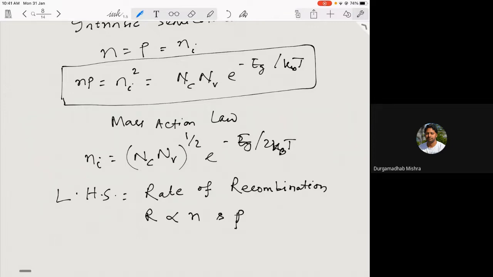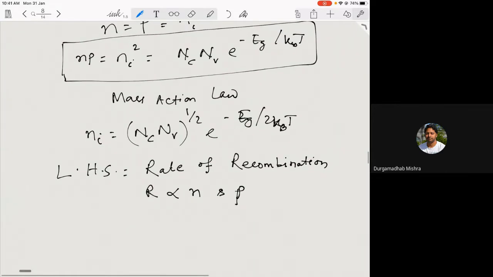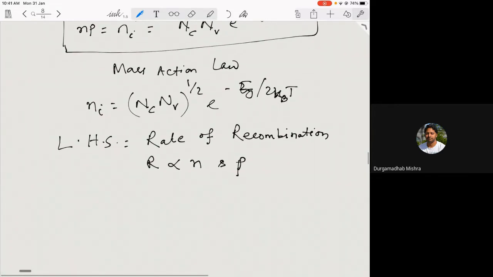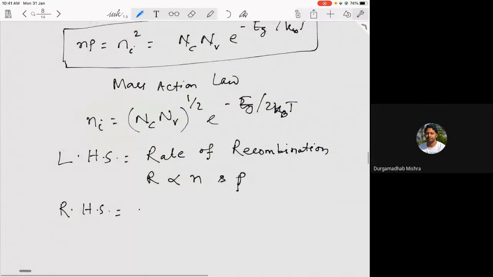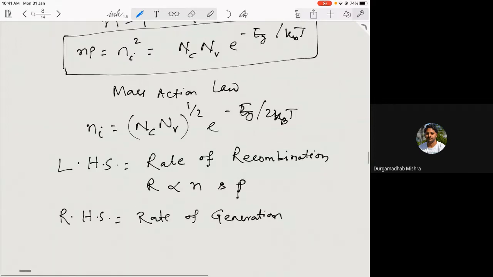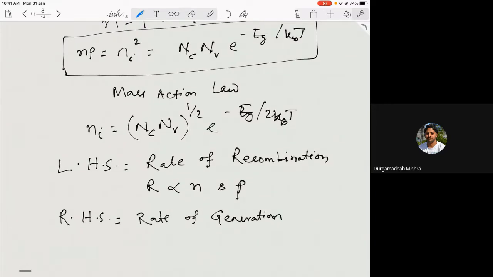If you increase the number of electrons and number of holes somehow, the rate of recombination will also increase. And the right hand side represents the rate of generation. So at equilibrium, the left hand side should be equal to the right hand side. That means the rate of generation should be equal to the rate of recombination. That is what this equation says.